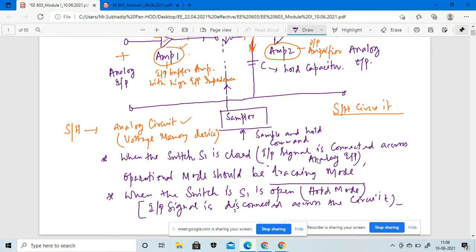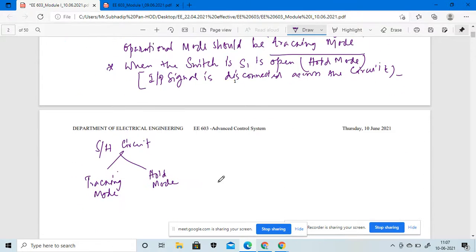What will be the function of the hold capacitor?